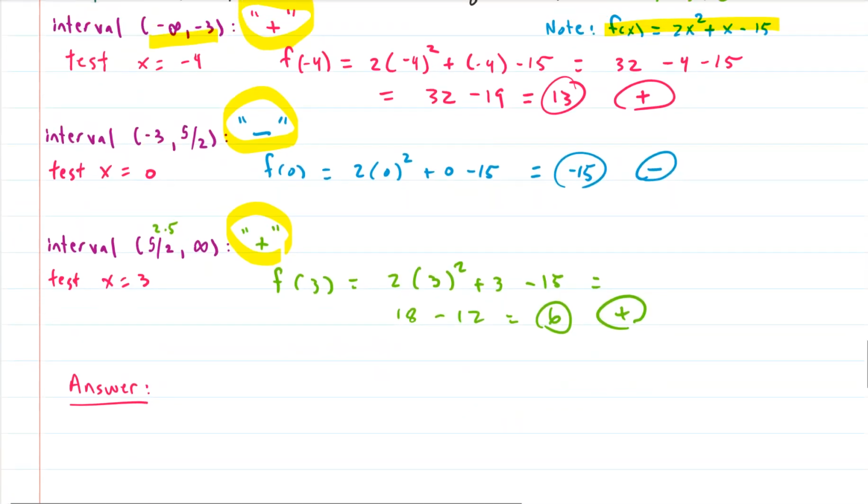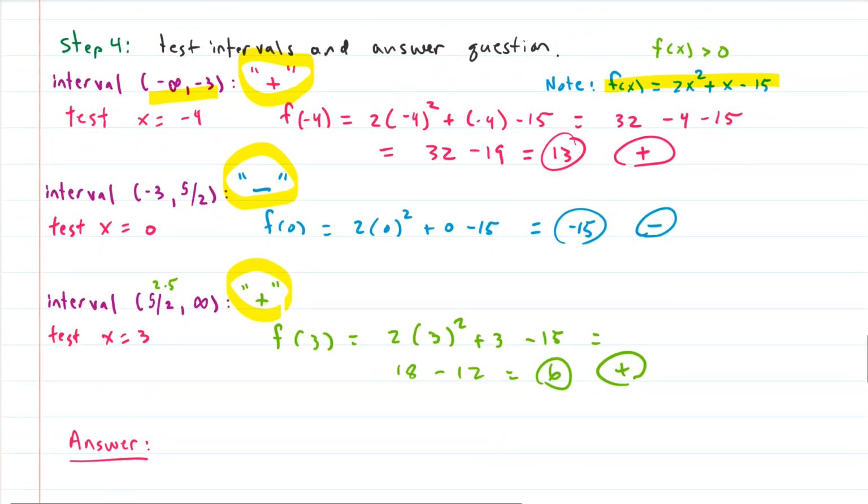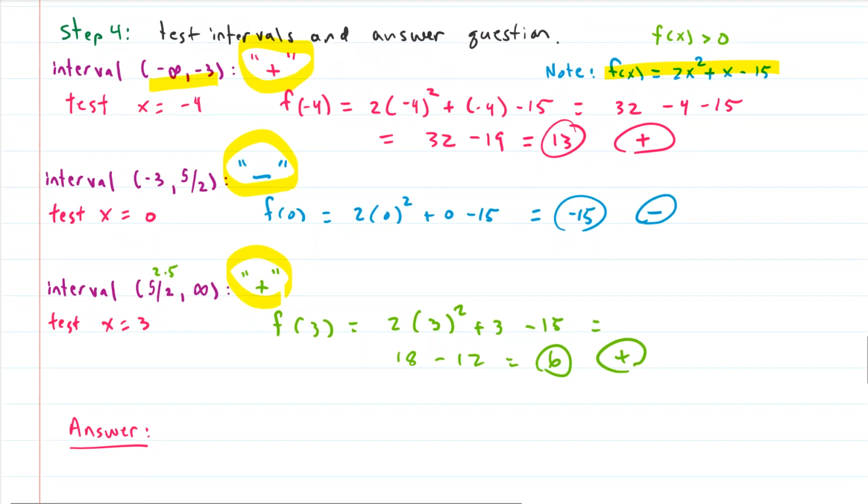So let's state our answer here. We were looking for where the function was positive, right? That was our goal. Where's the function positive? And of these intervals, we had the -infinity to -3 was positive, so let's write that down.